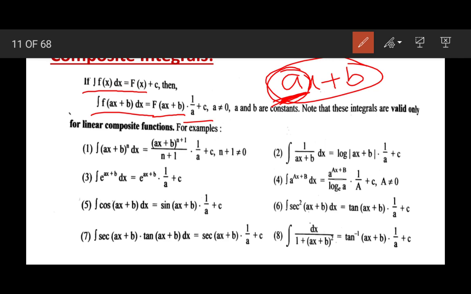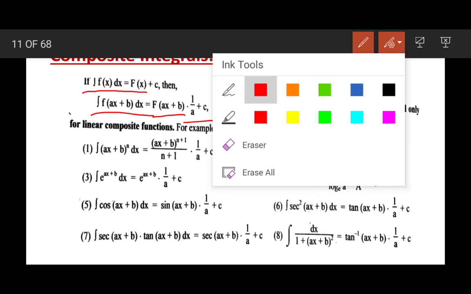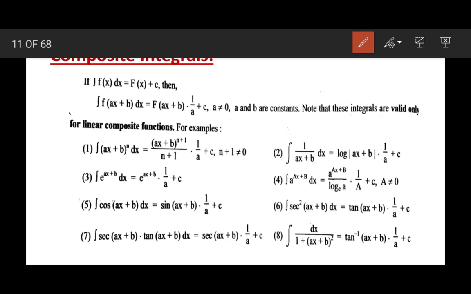So see here some examples. Integral of ax plus b raised to n. Suppose I am considering this ax plus b as u. So what I am having is integral of u raised to n du, right?